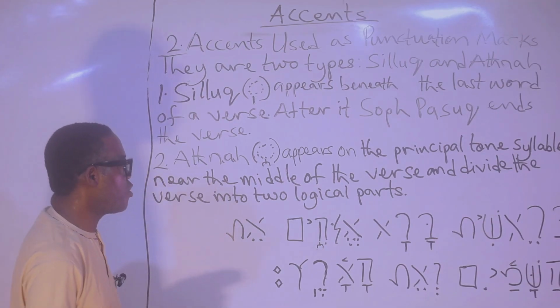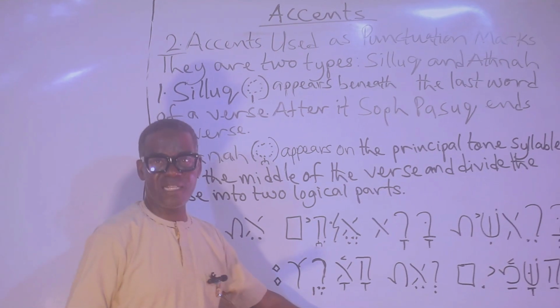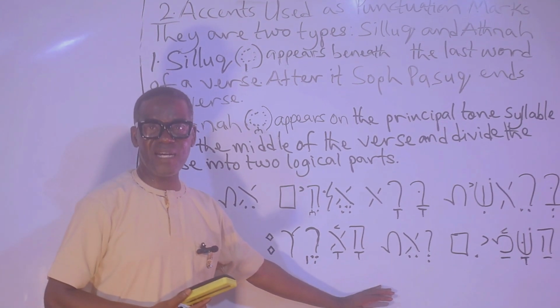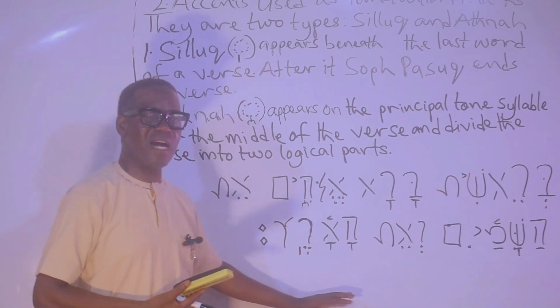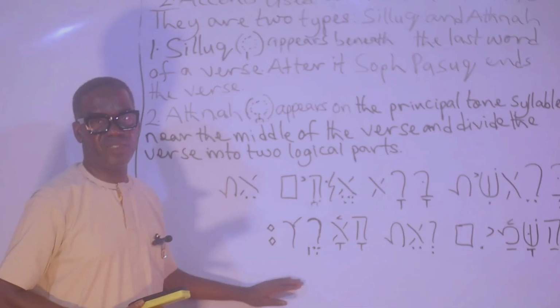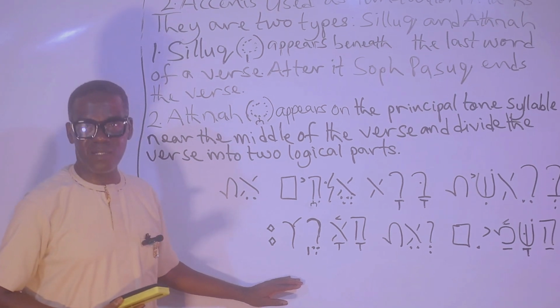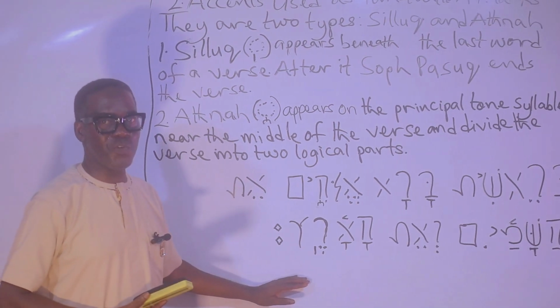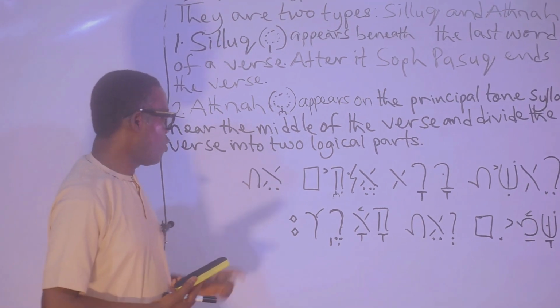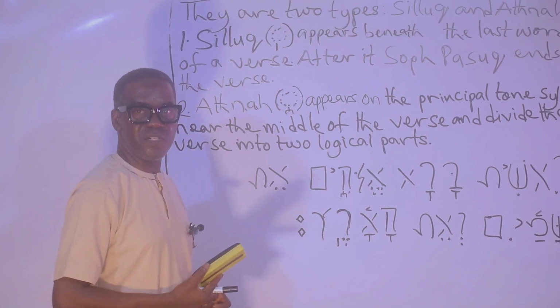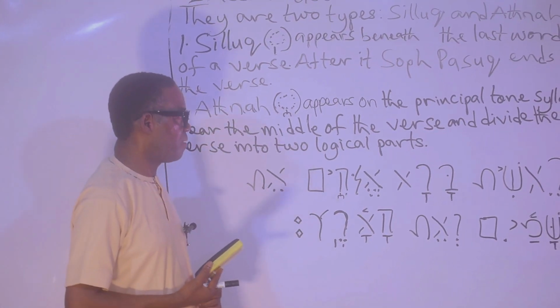So now I'm going to show you how these two accents are used as punctuation marks in Hebrew. So we have a verse on the board. This is the verse of Genesis 1:1. And I'm going to show you how these two accents are used in the verse.